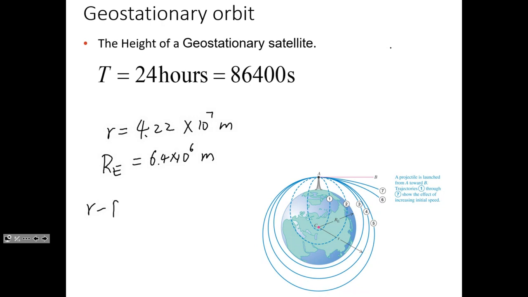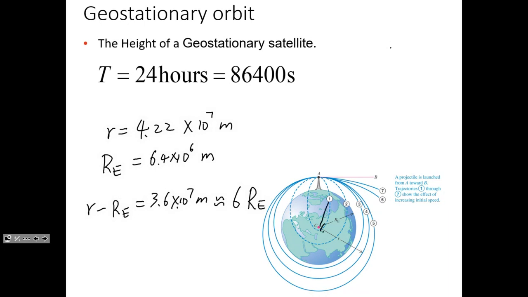So what's the distance we need to bring the satellite to space? It is roughly 6 times the radius of Earth.